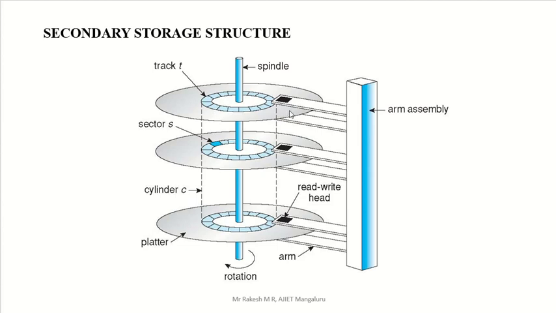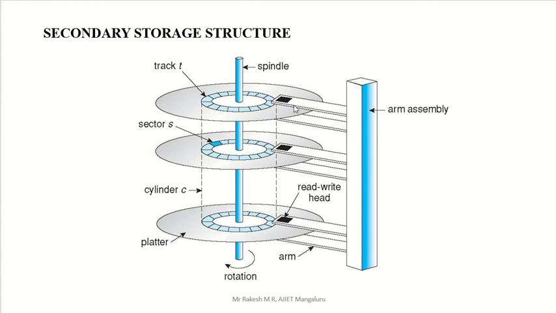A lot of tracks are there in the CD and DVD, and each track is divided into small areas called sectors, and we are going to write our data in that sector, and we can read the data only from that sector. So all tracks are divided into sectors.